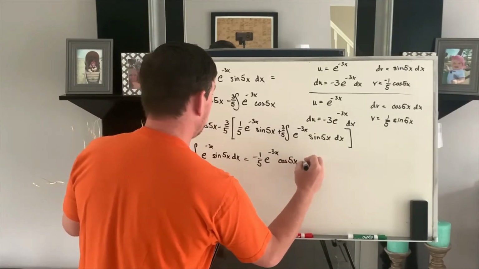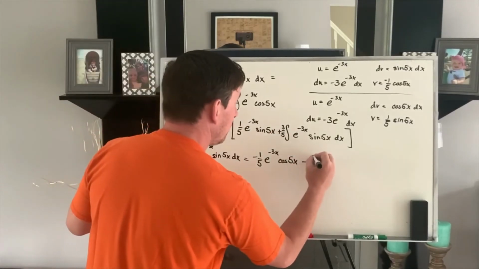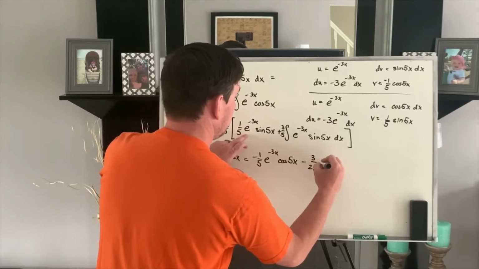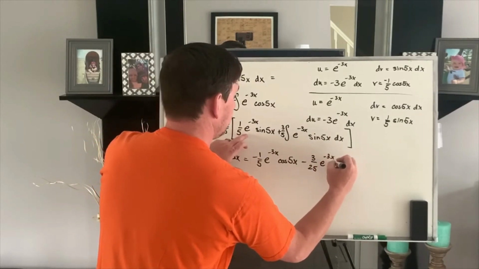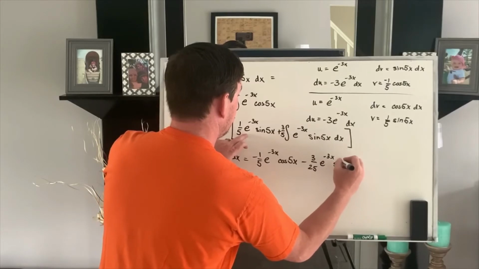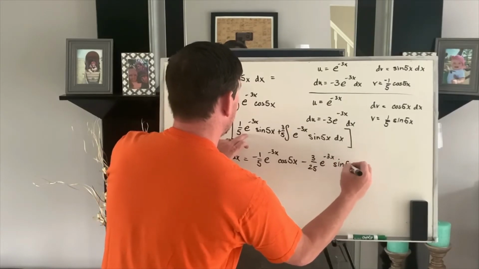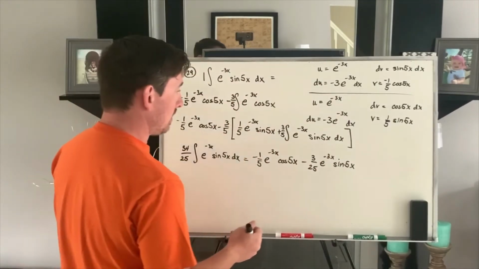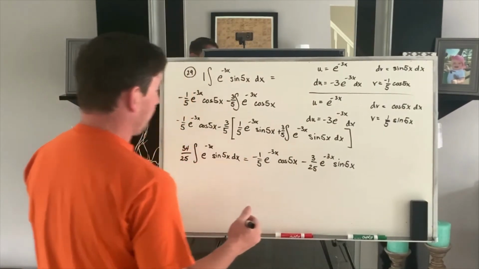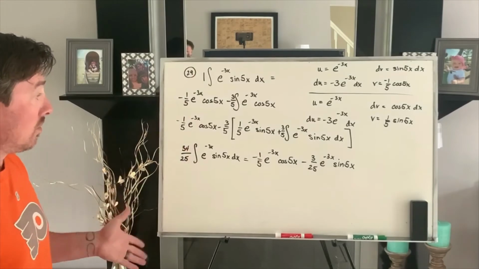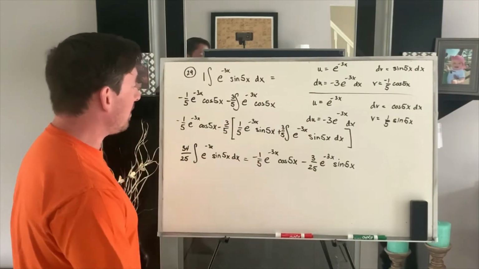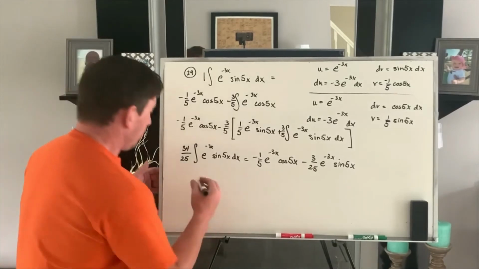Minus 3/25, that's gone. That had made it over to the left-hand side. Cool. So now technically all you got to do is multiply both sides by 25/34, and you're all set.